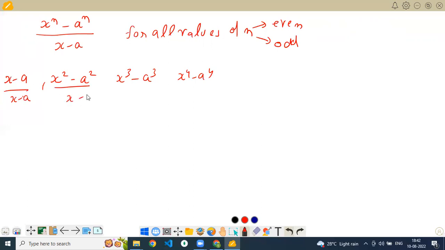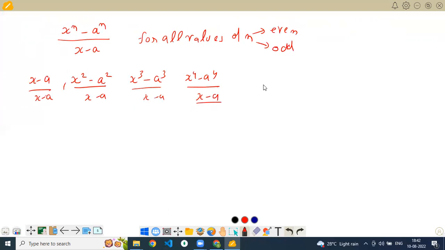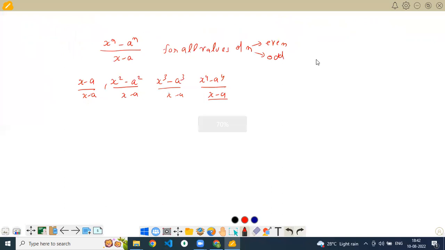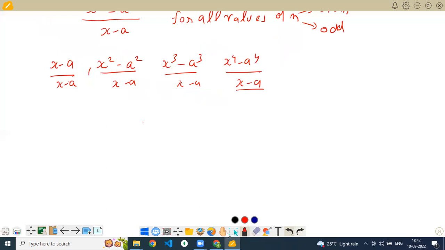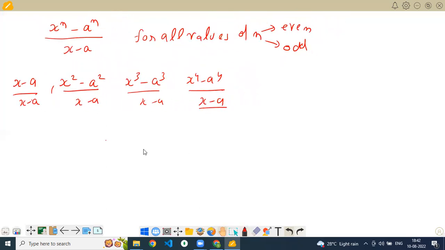This is divisible by x minus a. These are smaller expressions. We actually know the expansion of these expressions, so we can say these are divisible. Okay. So without going into the general proof, I am saying that x^n minus a^n is divisible by x minus a for all values of n.